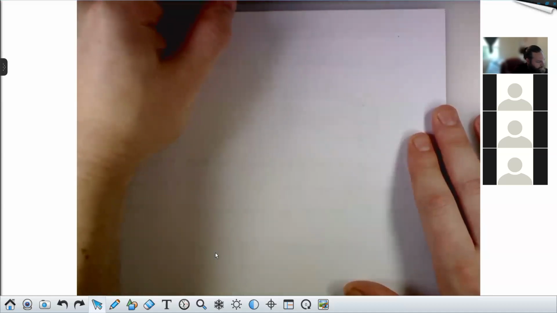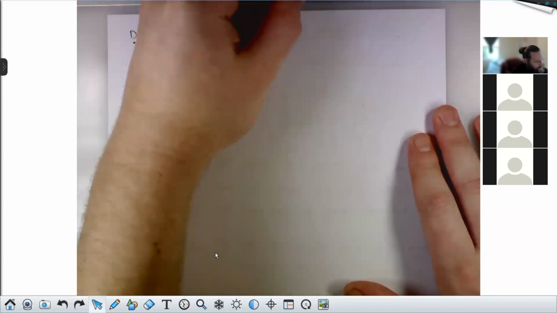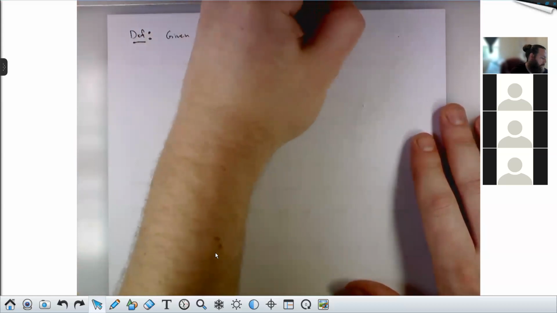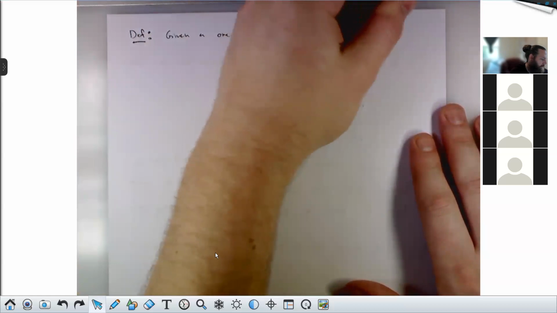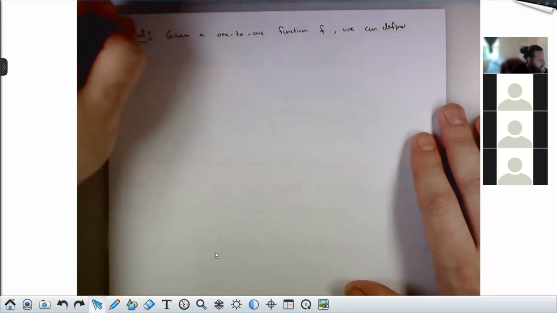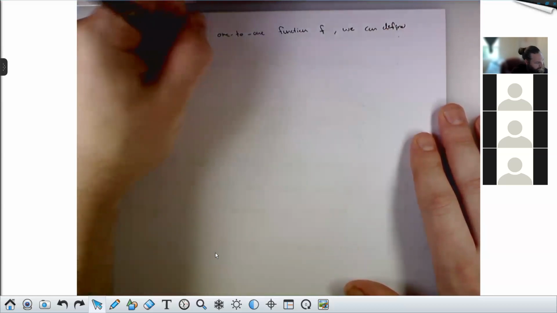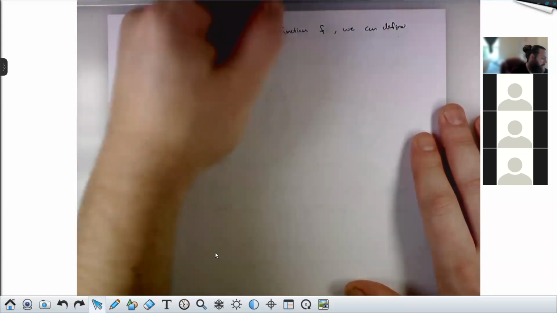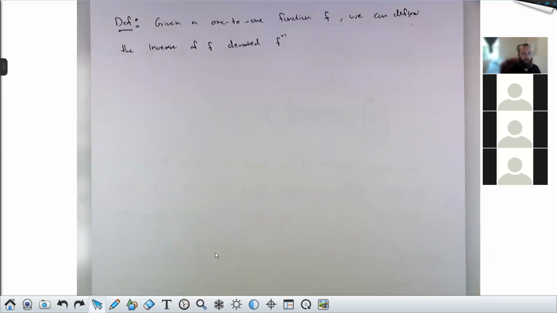Given a 1-to-1 function f, we can define the inverse of f, denoted f with a little -1 up here, and that's not a power, right?